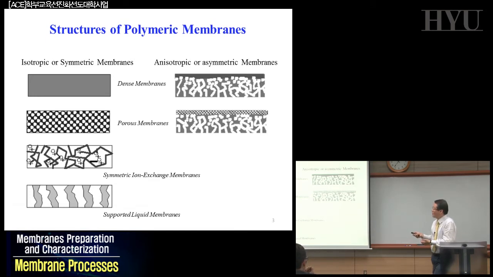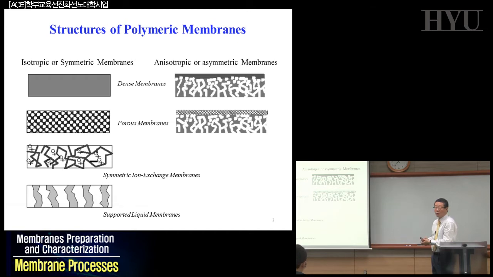So the dense membrane can separate water and ions, but flux is very low because the thickness was pretty thick at the time of Wright and Breton's invention.